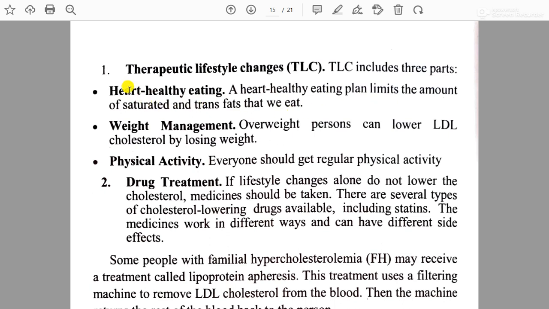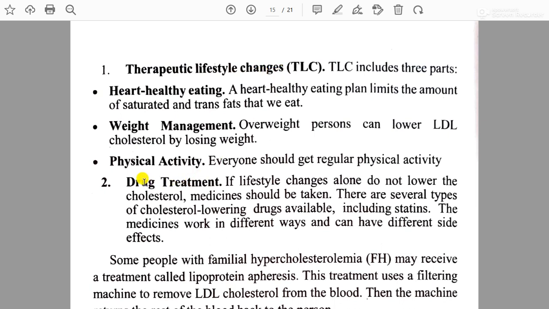Then weight management, that is, an overweight person can lower the LDL cholesterol by losing weight, through regular physical activity and so on. Then physical activity, everyone should get regular physical activity. So these three factors contribute to therapeutic lifestyle changes.